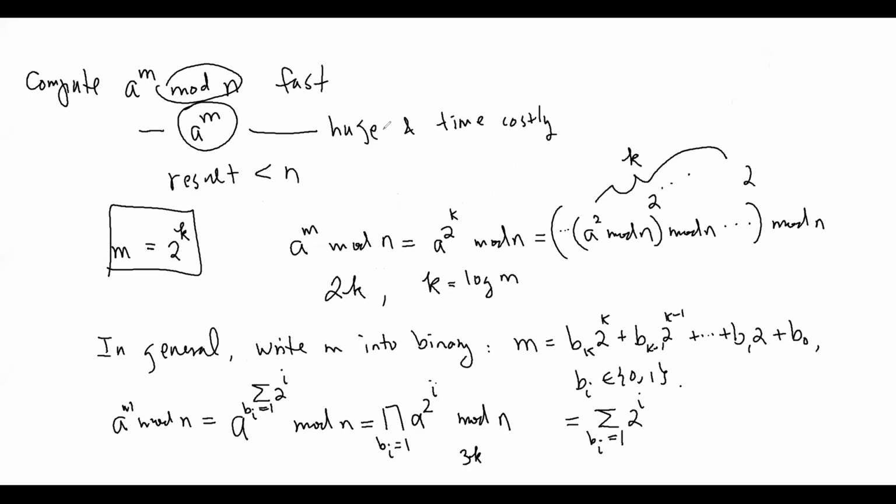Let's say a is 4, m is 19, and n is 5. So I want to compute 4 to the 19 mod 5.